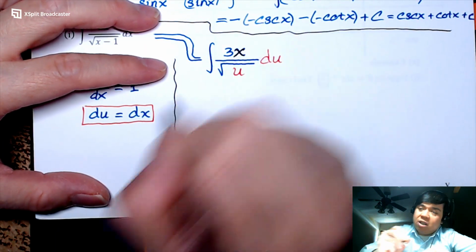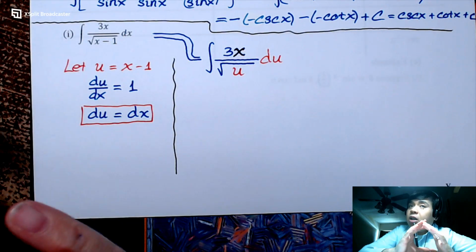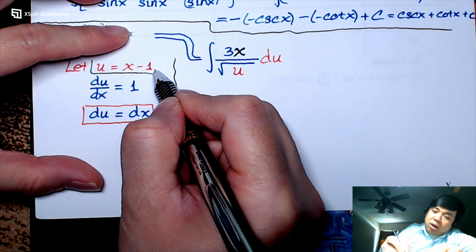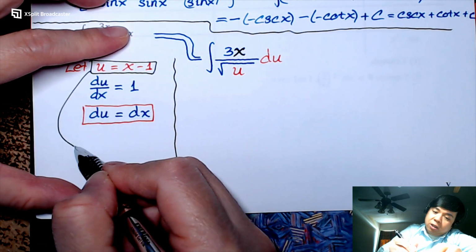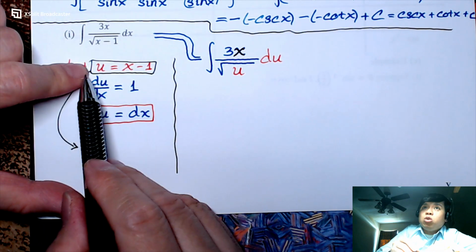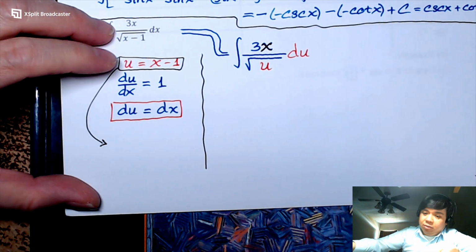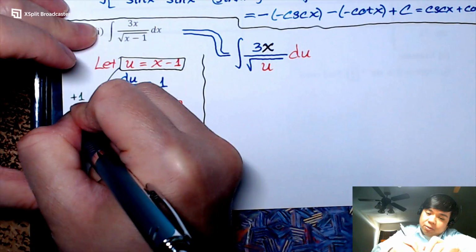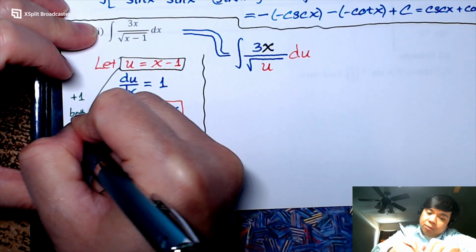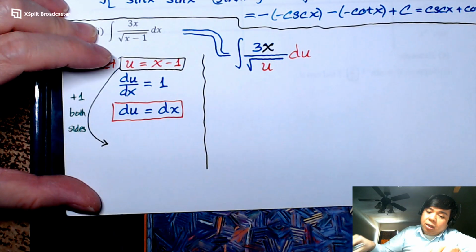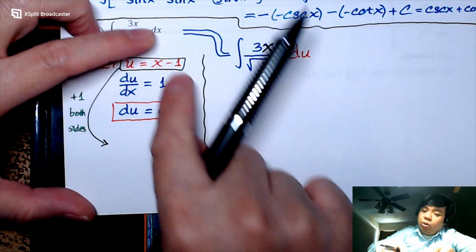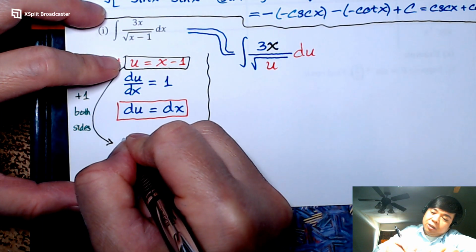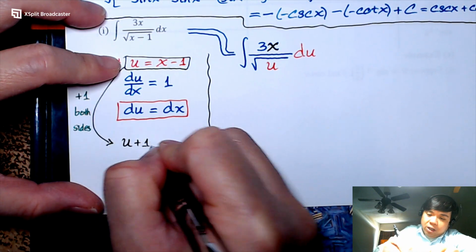So we have to take care of this. Luckily, this problem is not so bad. Because if we have u equal to x minus 1, if we add 1 to both sides, you have x equal to u plus 1. So u plus 1 equals x.